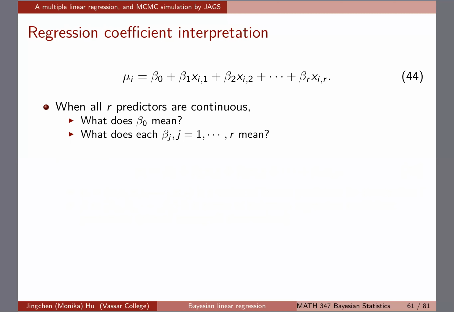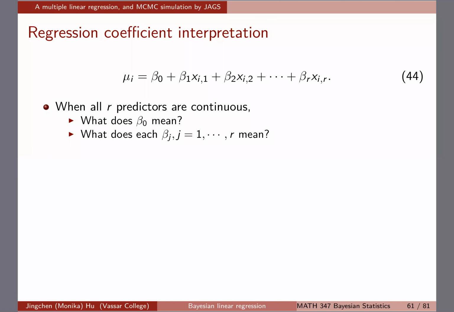So what do you think that those coefficients mean now, if we have many predictors, all of them continuous? Take some time, check with your neighbor, and look at it together. What does beta_0, the intercept, mean in this case? When all of the predictors are 0, what's the expected y?